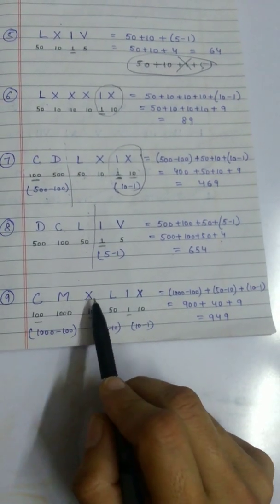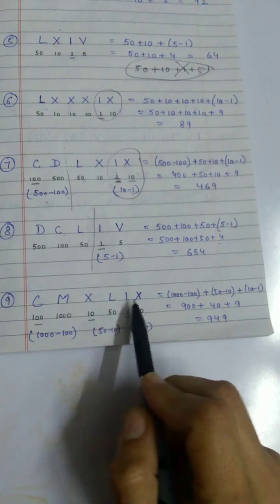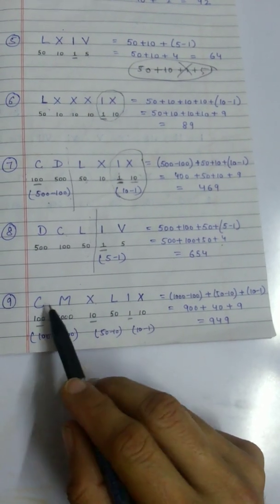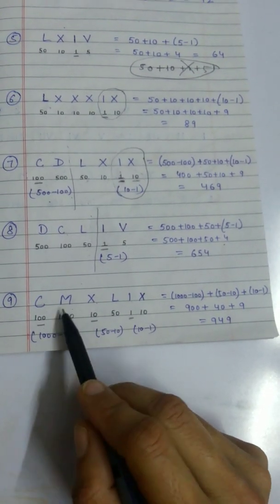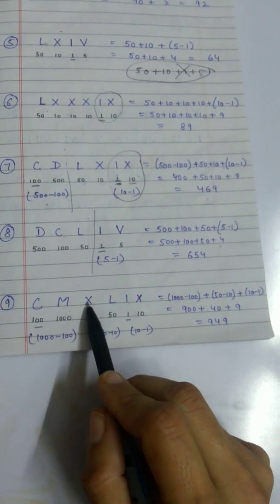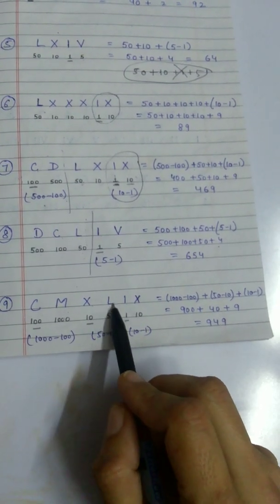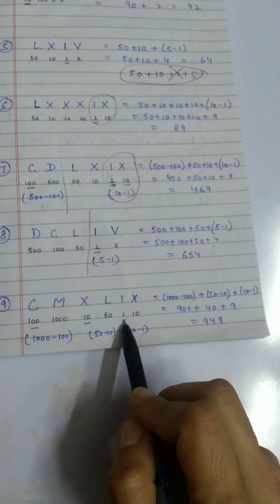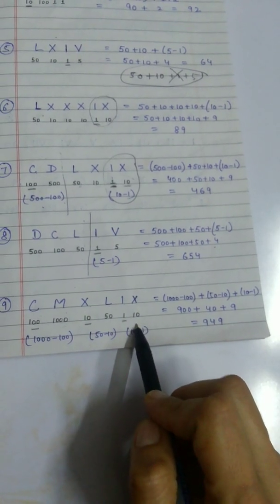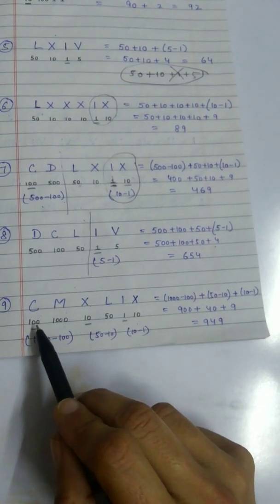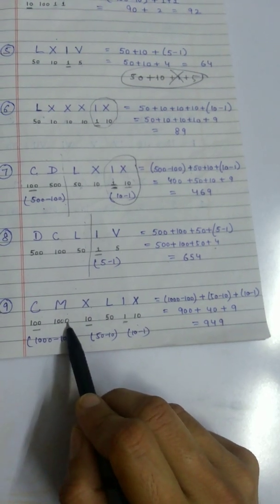CMXLIX. Let me write corresponding values. C is 100, M is 1000, X is 10, L is 50, I is 1 and X is 10. Now if I look at this pattern, small, big.